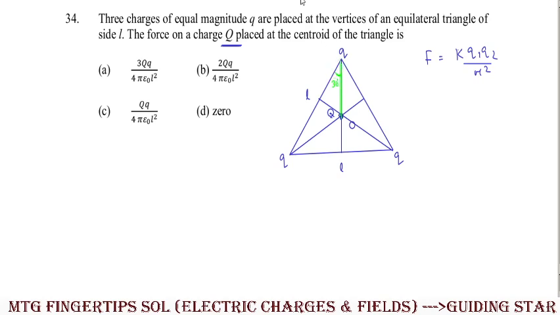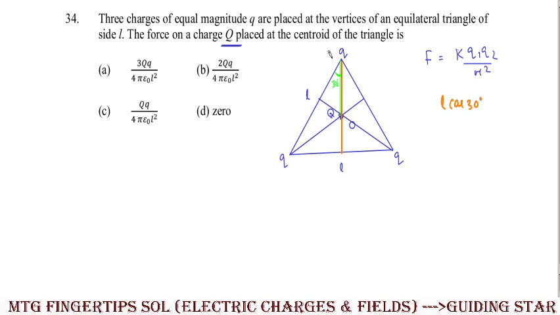So the length of the perpendicular drawn from the vertex here, how much will it be? That perpendicular value will be simply L cos 30 degree.